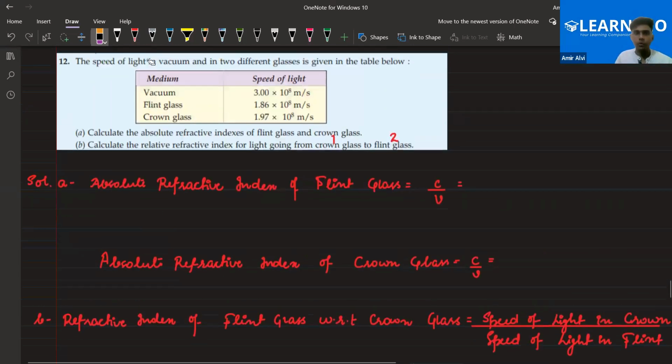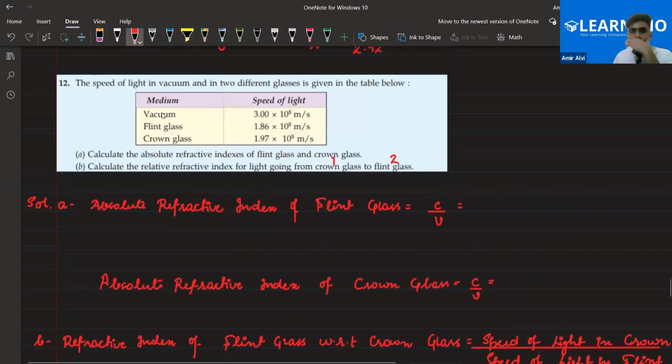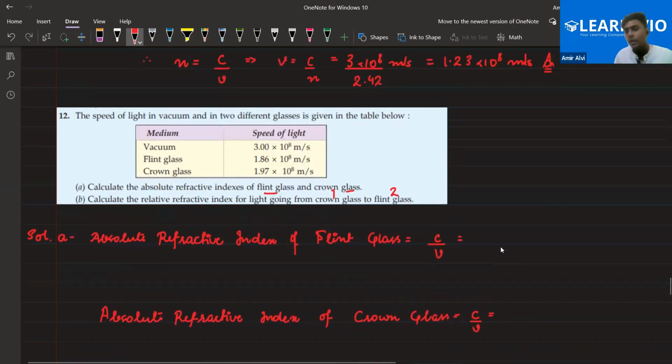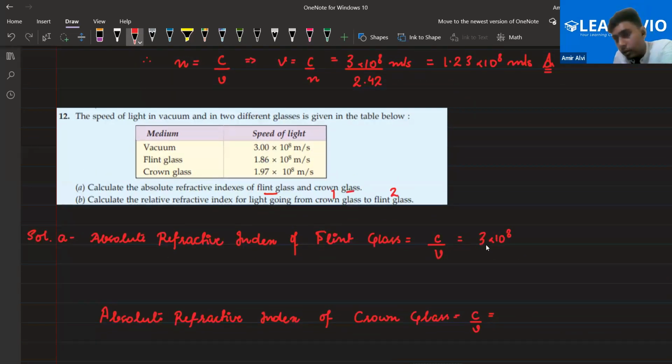चलो यहाँ देखिए क्वेश्चन। This question is saying speed of light in vacuum and different glasses are given to you, ठीक है? Calculate the absolute refractive index of flint glass and crown glass। देखो अगर refractive index of flint glass निकालना है तो air will be involved, right? So speed of light is 3 into 10 to the power 8 meter per second.